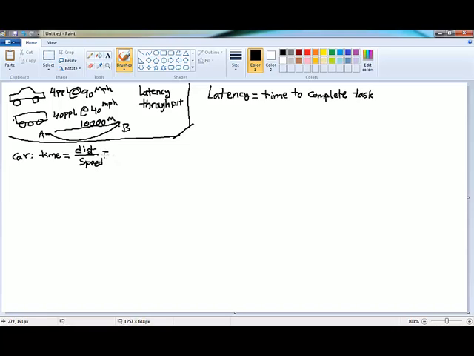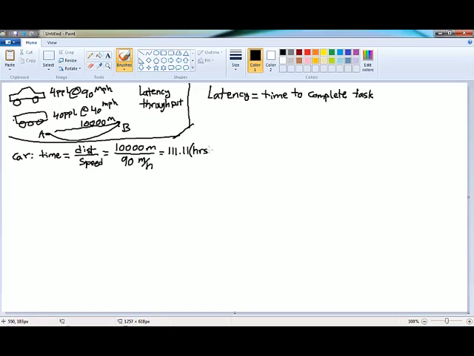So in the case of the car, the distance is 10,000 miles over the speed of 90 miles per hour. So it will be 111 hours, 0.11 hours.